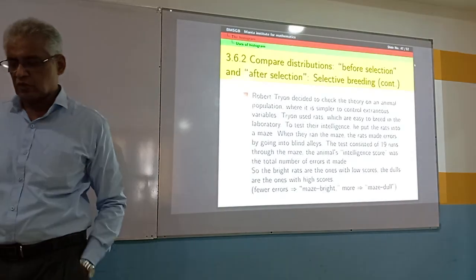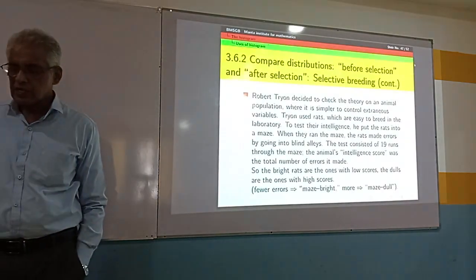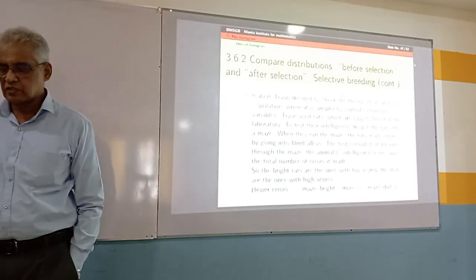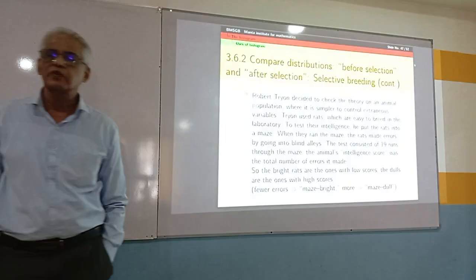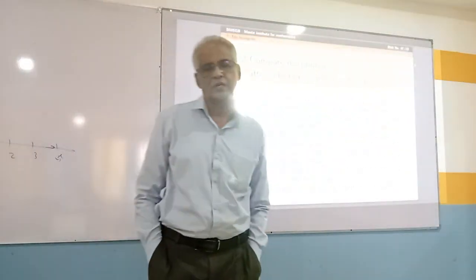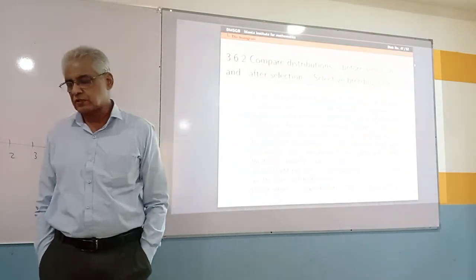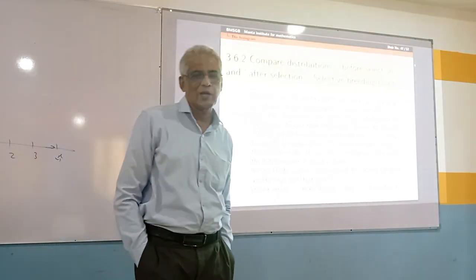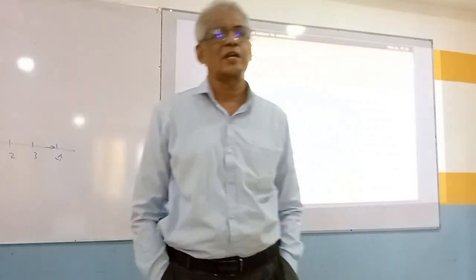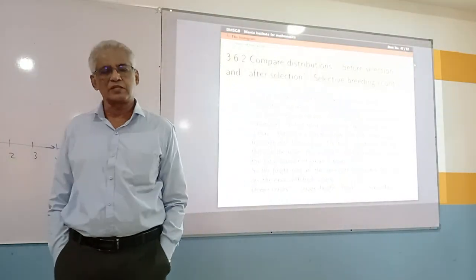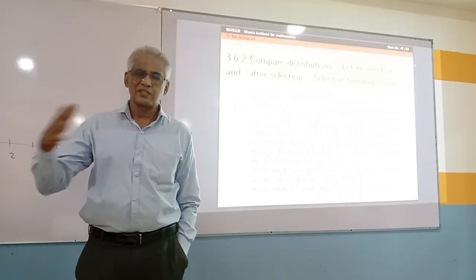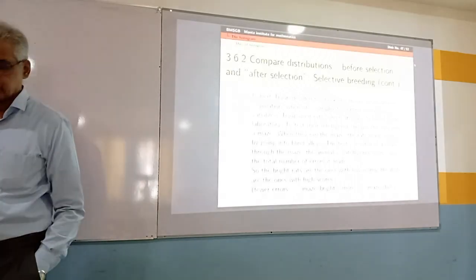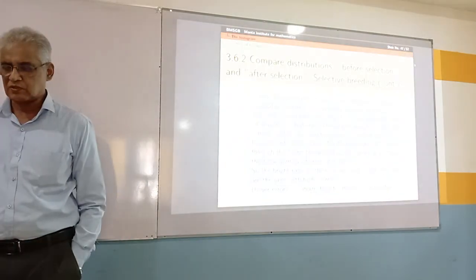One person called Tryon decided to check the theory on an animal population, where it is simpler to control extraneous variables. One reason doing experiments with animals is easy is that we can control all the other factors. Right? We can have animals of the same age, and all the other factors can be controlled to a large extent. Only the treatment will be different. But with people, it's not easy to do that. So therefore, doing experiments with animals is easier.